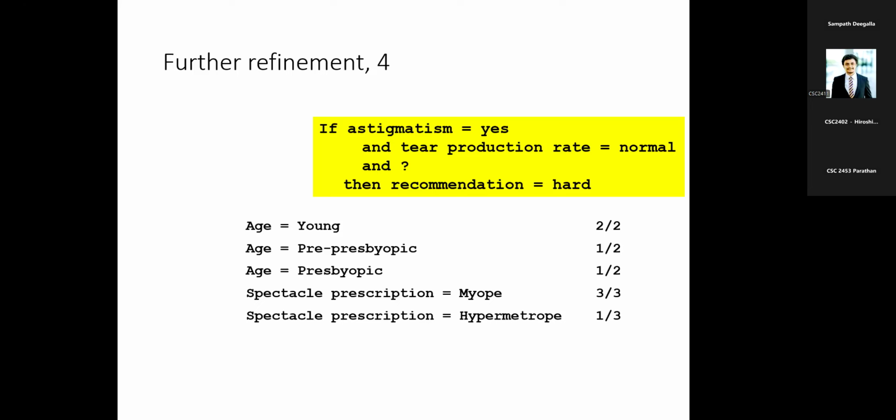Okay, so if you look carefully, there are 2 possible solutions. What are the 2 possible attribute value tests? We can go for age young, 100%, 2 out of 2. We can go for spectacle prescription, myope, again 3 out of 3. But which one are you going to select? You have to select one, right?